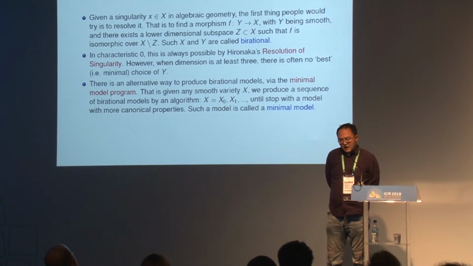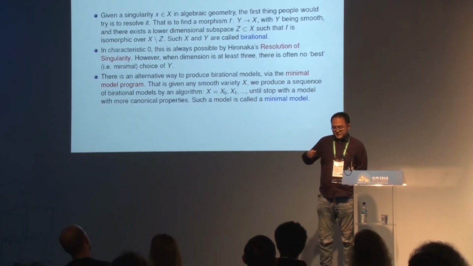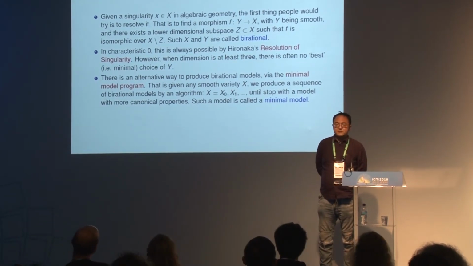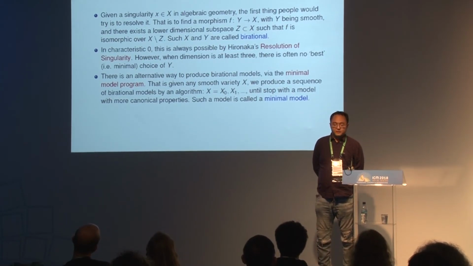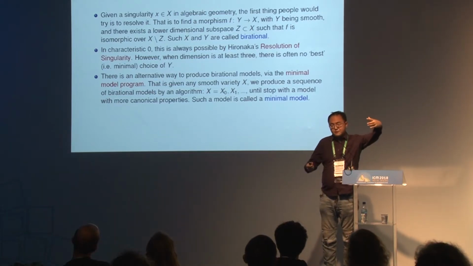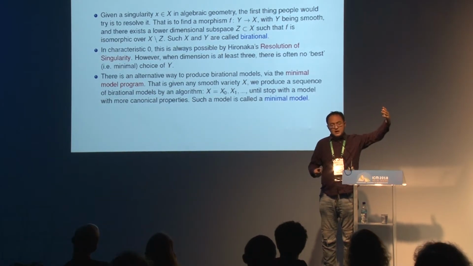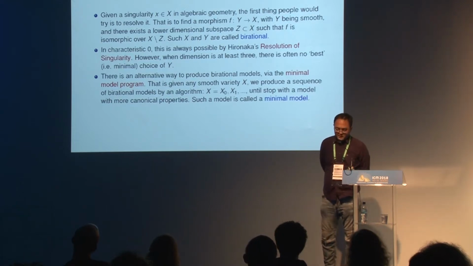But on the other hand, when you deal with dimension larger than 2, starting from dimension 3, usually there is no best resolution. You can think about it: if I have one resolution Y to X, I can just start to blow up Y and more. So I can easily produce higher and higher resolutions based on one given one.